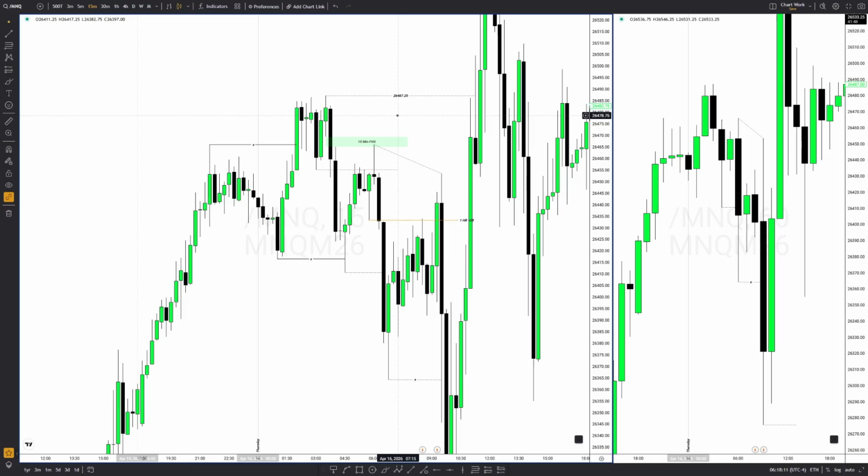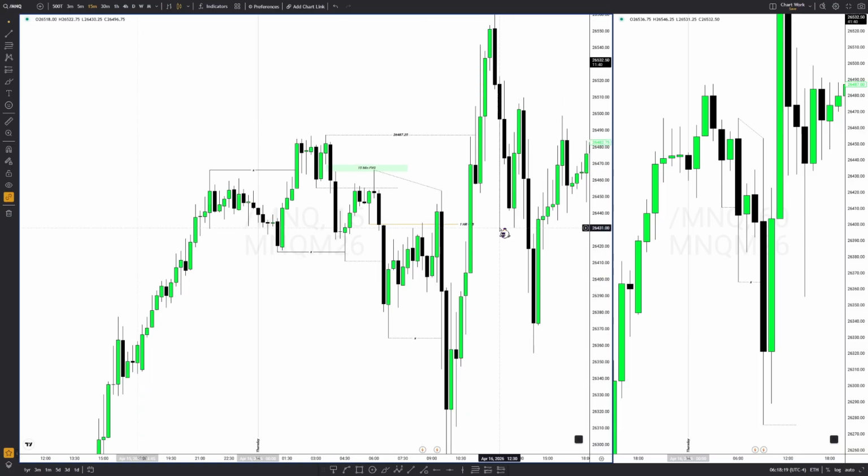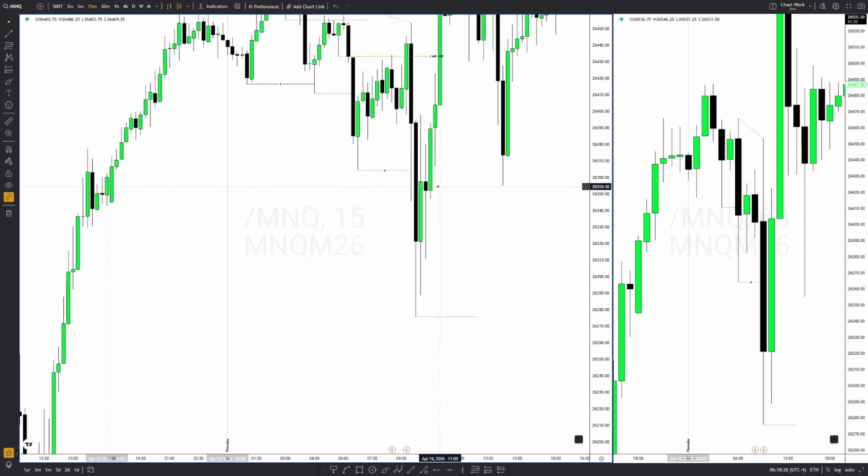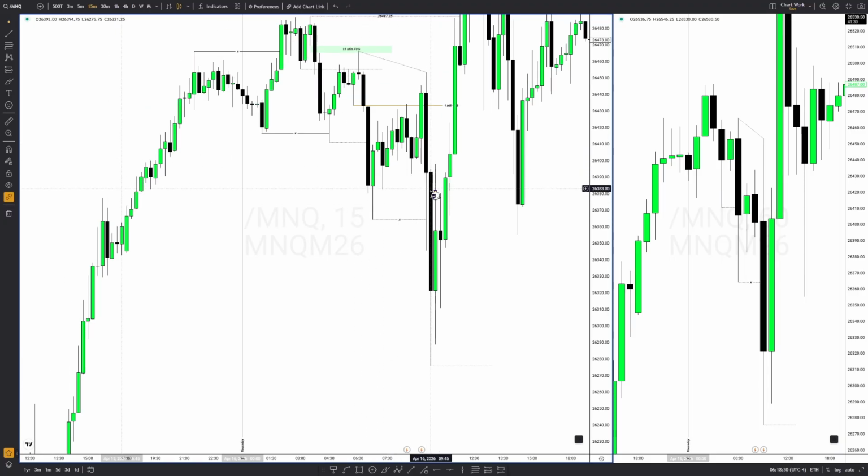Typically, this is where the high and the low for the trading day is formed. So realistically, if price is going to continue to expand, either going up or down, then you would want to see price trade into this high and of course trade into this low.